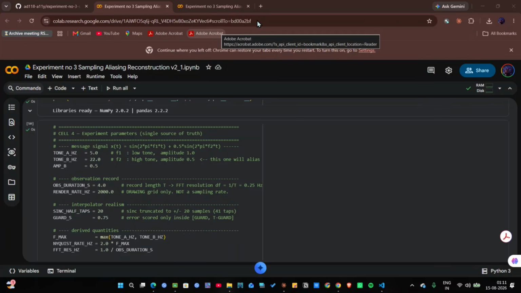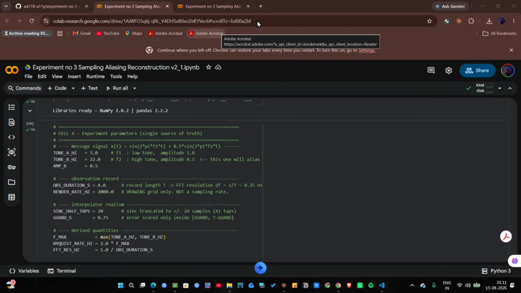So, in summary, we have verified the sampling theorem: sample above Nyquist for accurate reconstruction. The strict inequality where fs is greater than 2 fmax is critical. Aliasing is predictable and irreversible, meaning once it happens, the original information is lost. This highlights the need for anti-aliasing filters before sampling.